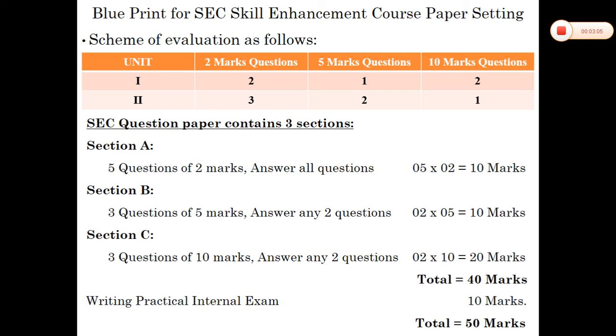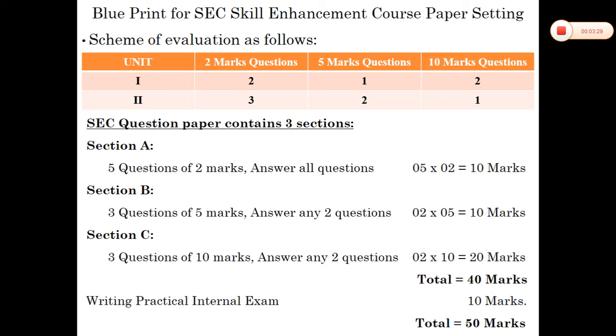Now, let me see the question paper pattern. In the SEC question paper, we have 3 sections: A, B, C. Section A has 5 questions of 2 marks. We have to solve all 5 questions to get 10 marks.